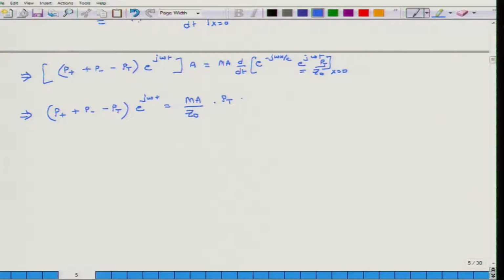So, I get j omega e to the j omega t, and this term becomes 1 when x is equal to 0. So, I am just omitting that out now, and then of course, there is an A.